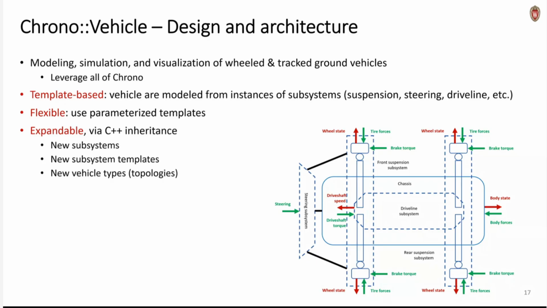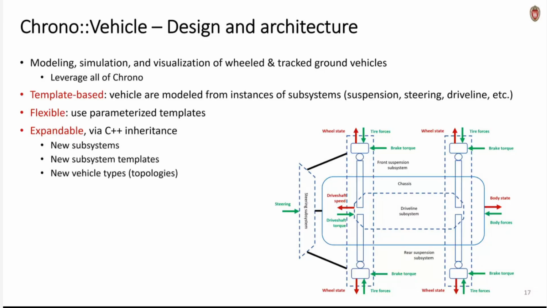And so Chrono::Vehicle provides this template approach to modeling and specifying vehicles, in which these templates are templates for each different type of subsystem. So we have templates for different suspension types, templates for different steering mechanisms, and so on. And these templates are fully parameterized models.